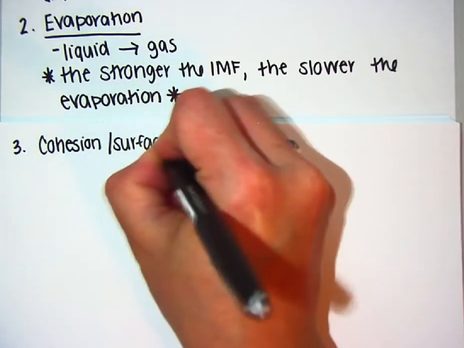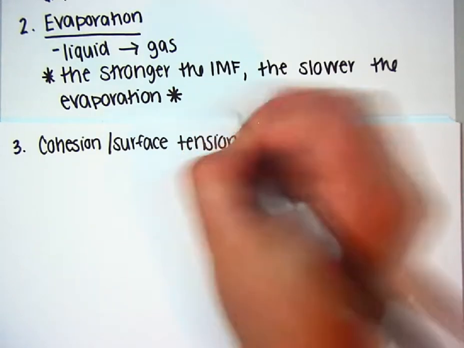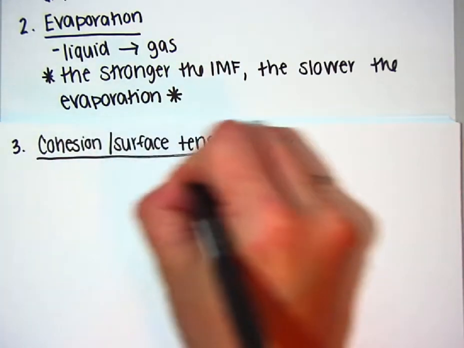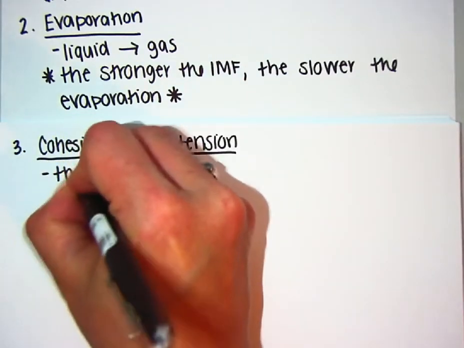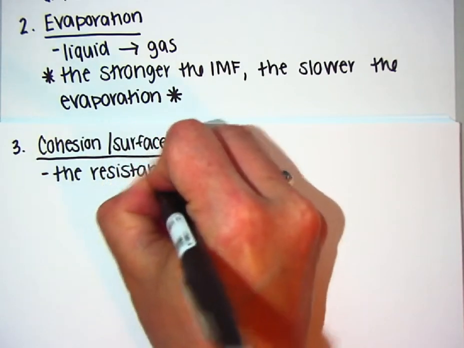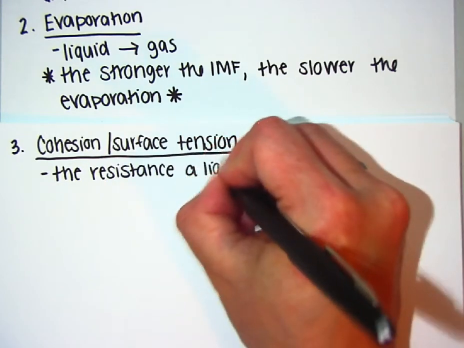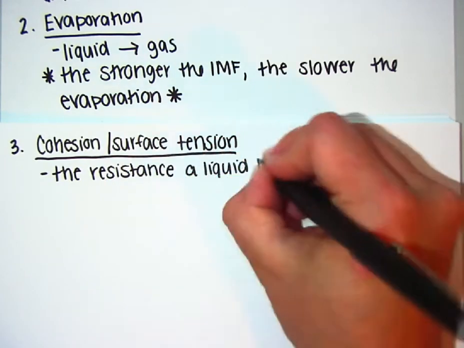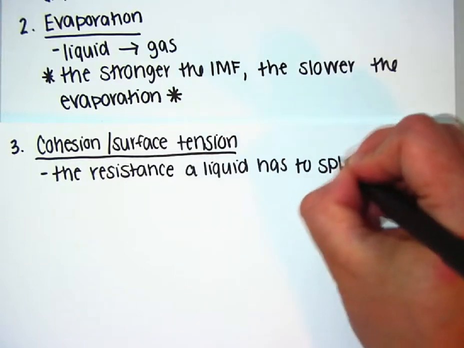The last property we're going to talk about for today, cohesion or surface tension. This is the resistance a liquid has to spread out.